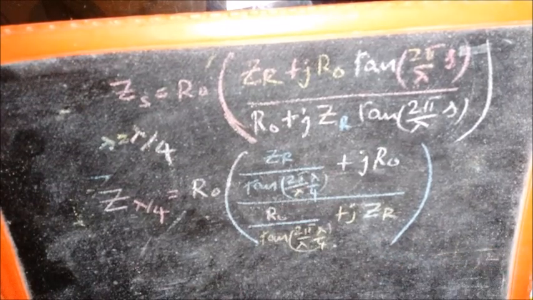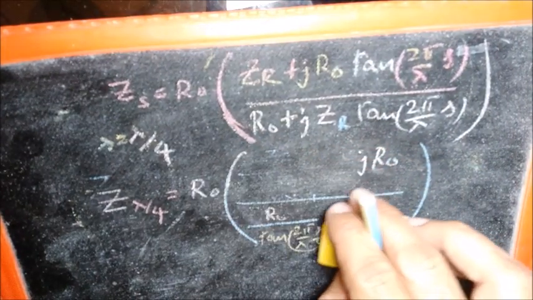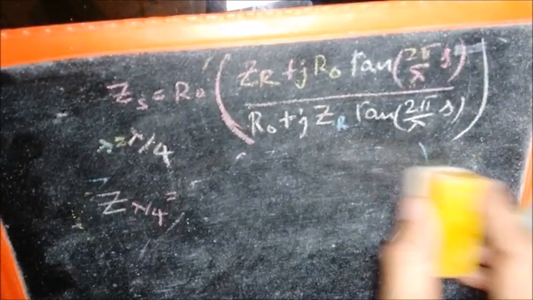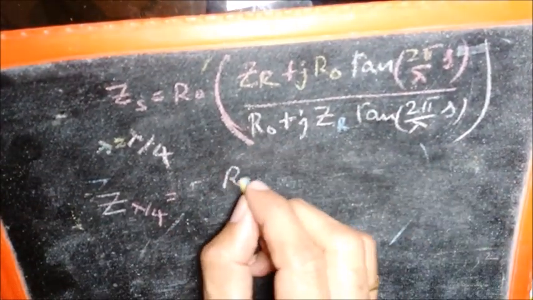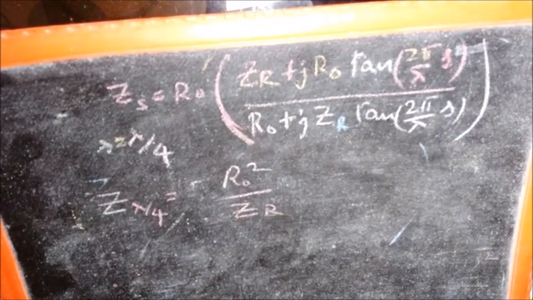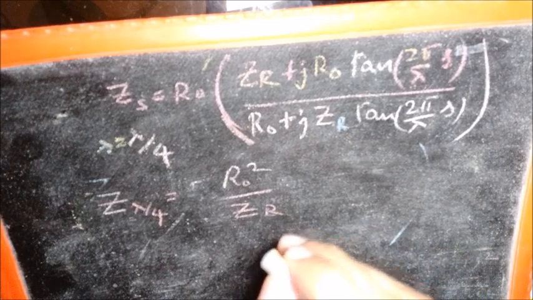Tan pi by 2 is sin pi by 2 by cos pi by 2, which is infinity. So this vanishes, j cancels off, and we are left with R naught square by ZR. So this is the input impedance of a transmission line of length lambda by 4, where ZR is its load impedance.